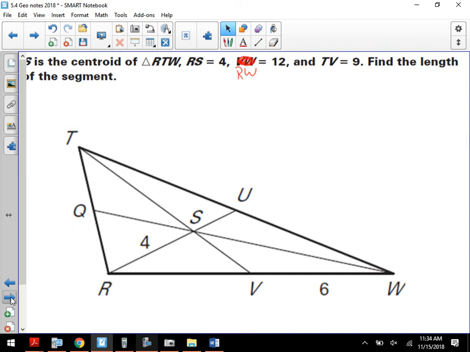What's 9 divided by 3? 3. So if centroid to side is 3, what's the other side? 6. Just double it. Because the whole thing has to add up to equal 9. If you took away 3, how much is left? 6. So remember, it's not that we have to math very hard here. You just have to remember what you're looking at.